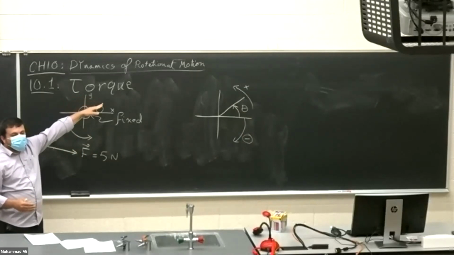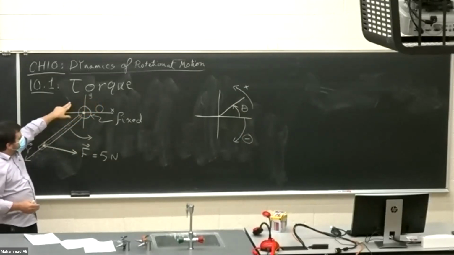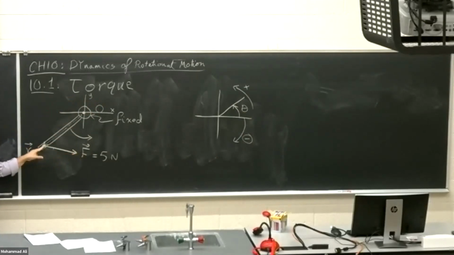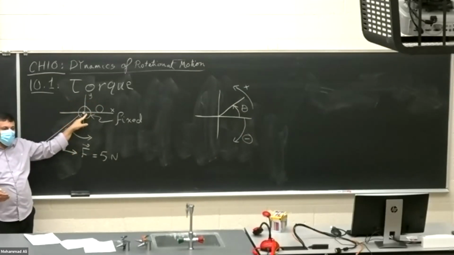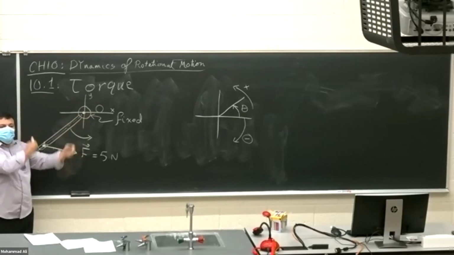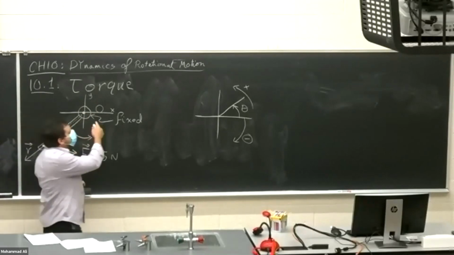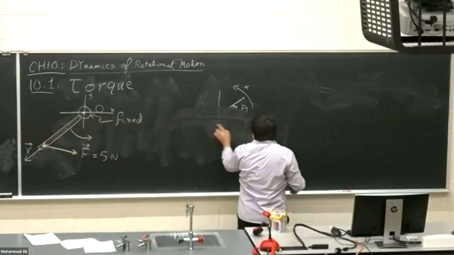It is a torque. What is the torque? It is a force acting at a distance from a fixed point, and this force will rotate this object. Is this idea simple?